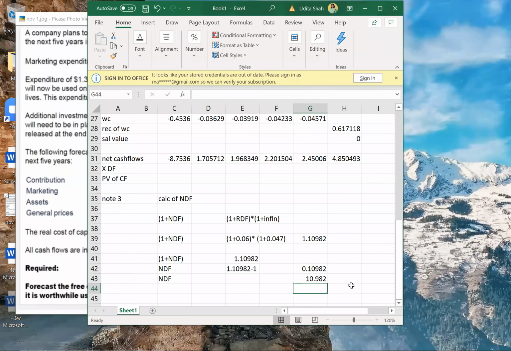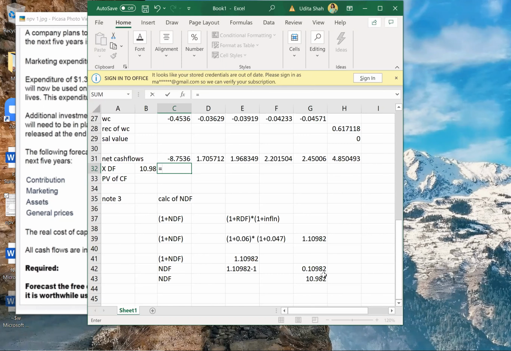That is my NDF. Now this NDF I can take over here now. So this NDF is equal to 0.10982, or I can say 10.982%. Okay, so put it in my formula. Discounting factor is 1 divided by 1 plus R upon 100 raised to n. So 1 divided by 1 plus R. What is the R?